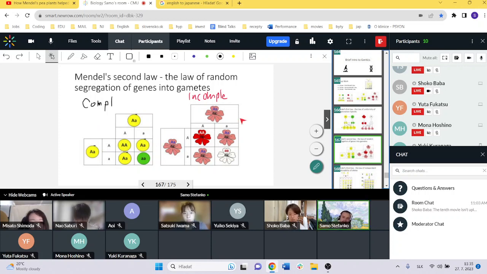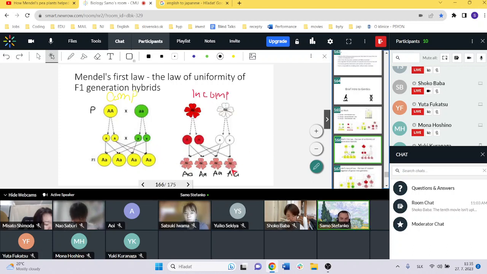Okay, in the other case, if we are dealing with two pinkish heterozygous flowers, and those alleles are the same as in the previous example, dominant recessive allele, and we combine two dominant, we get back the phenotype which was not present in the first filial generation.